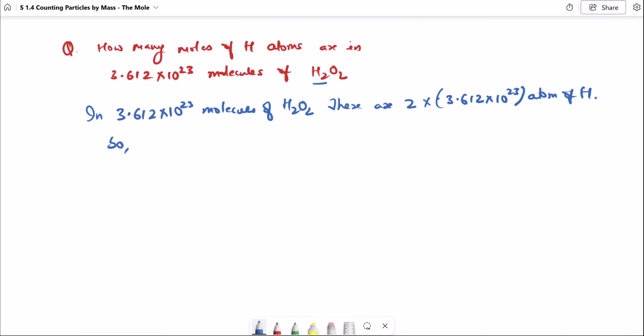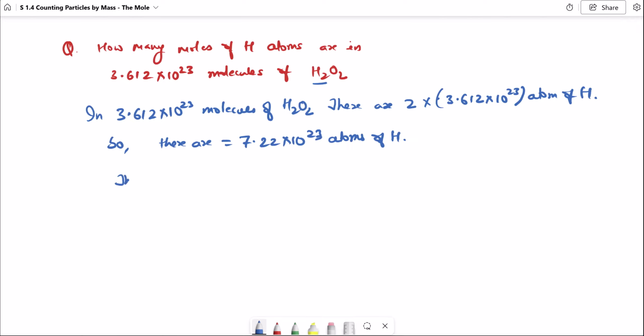If you just calculate, you'll get 7.22 into 10 to the power 23 atoms of hydrogen.